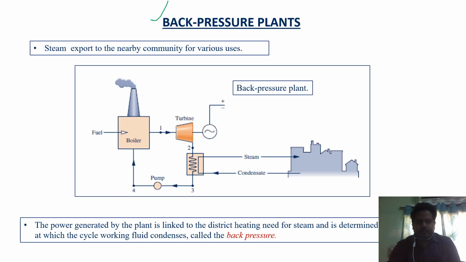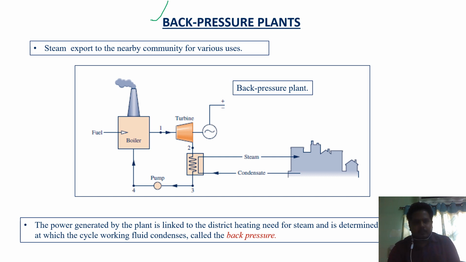Now let us see the back pressure district heating plant, which is used to export steam for various uses, like heating water, sterilizing, paper mills, or refinery industries.